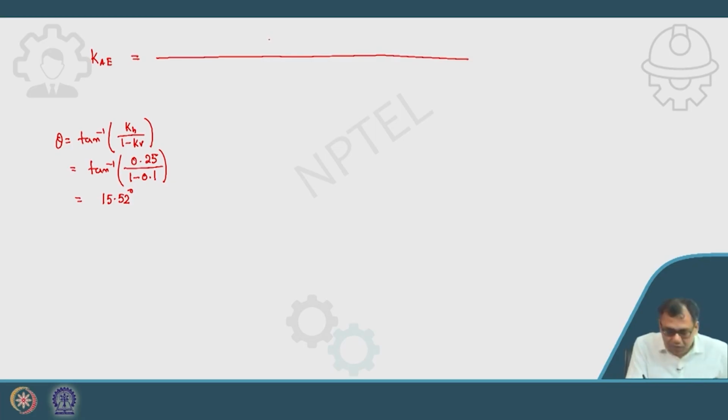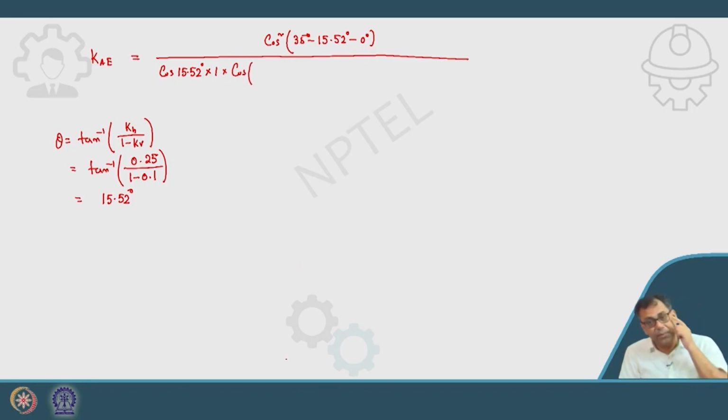So this is cos square of phi 35 degree minus theta 15.52 degree, then minus beta, beta is 0 degree. Then it is cos theta. Cos theta is cos 15.52 degree, and into cos beta, which is cos 0, I can write 1, then cos of delta plus beta plus theta.